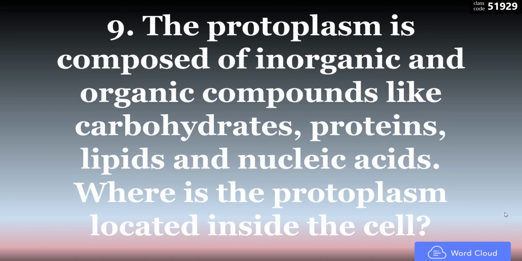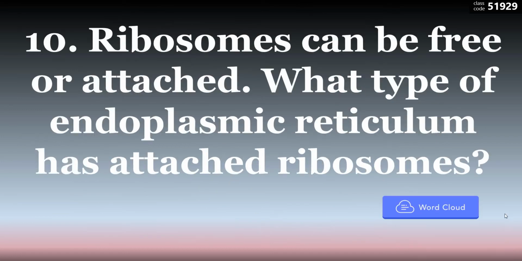The correct answer is cytoplasm. Number 10 question. Ribosomes can be free or attached. What type of endoplasmic reticulum has attached ribosomes? Go. Time is up. The correct answer is rough endoplasmic reticulum.